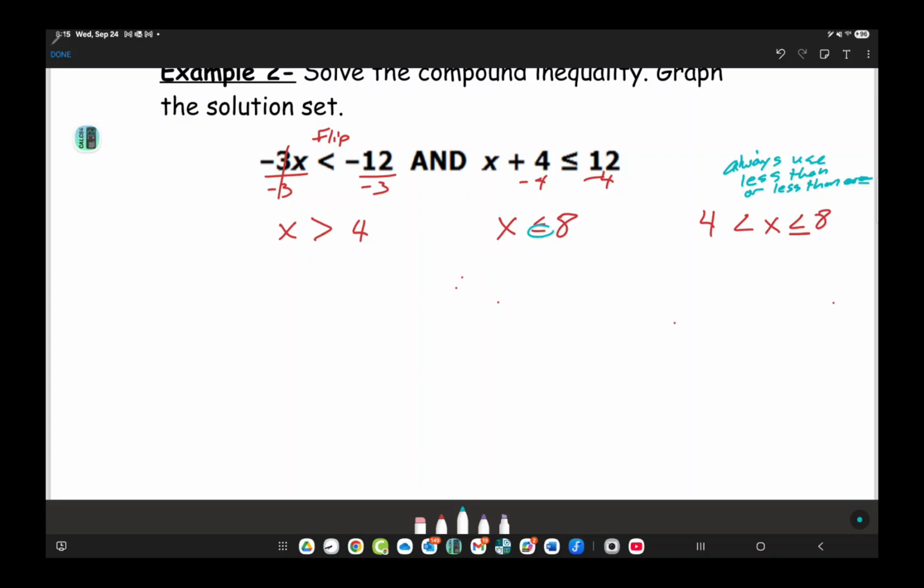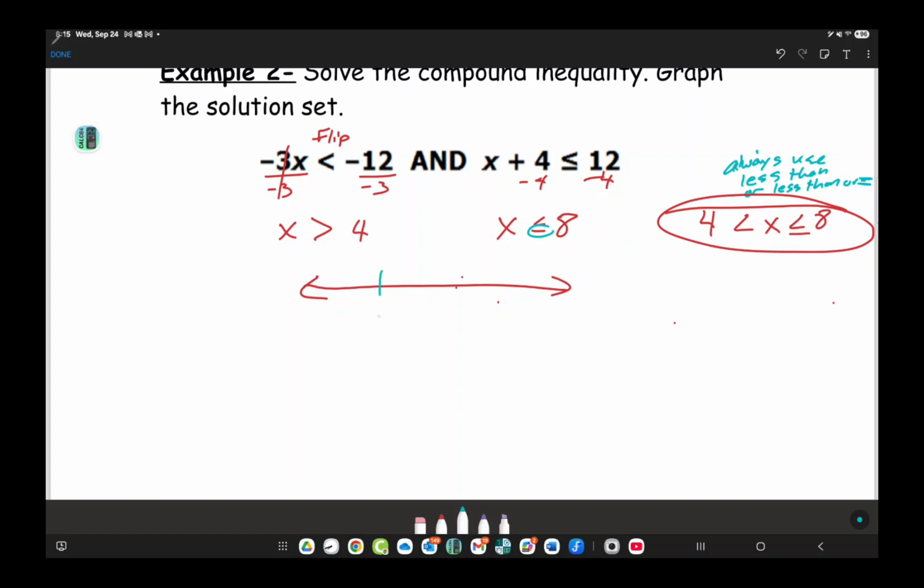All right. So the graph went like this. Less than or equal to, sorry. It is kind of hard to read because I wrote so very tiny and not well. So always use less than or equal.